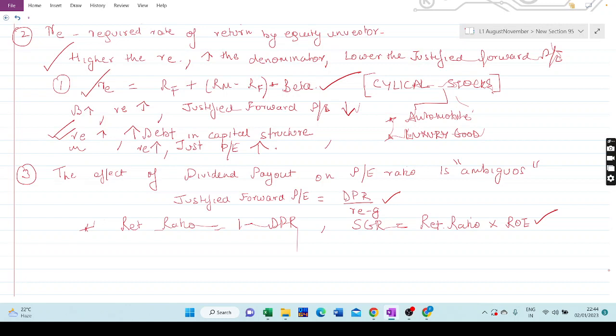So the higher the DPR, the lower the retention ratio. If my DPR is high, then my retention ratio would be low.